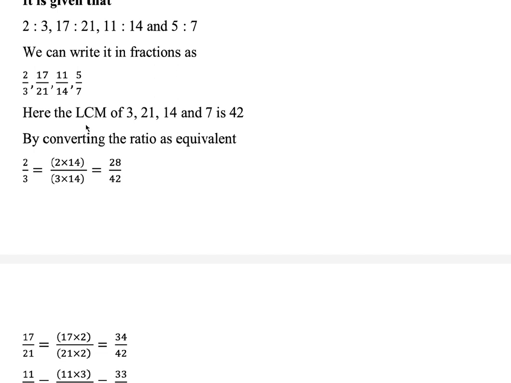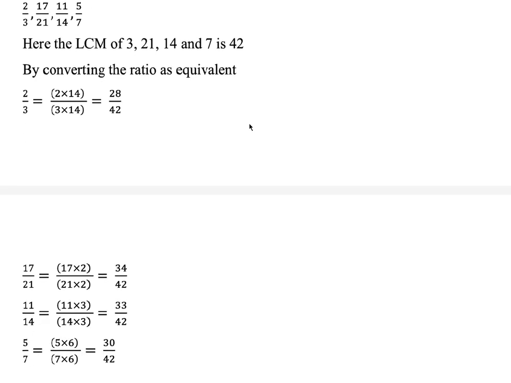Now the LCM of 3, 21, 14 and 7 is 42. So now convert to the same scale. So I am changing 2 by 3. 3 into 14 is equal to 42. So I will multiply 2 into 14, because the upper and lower parts, numerator and denominator, both sides I am multiplying by 14. So the scale will be changing to 28 by 42.